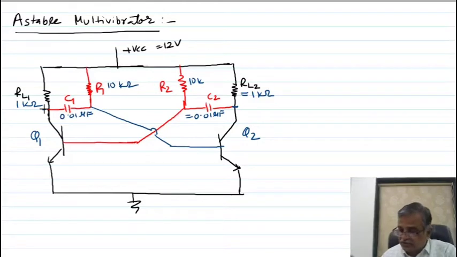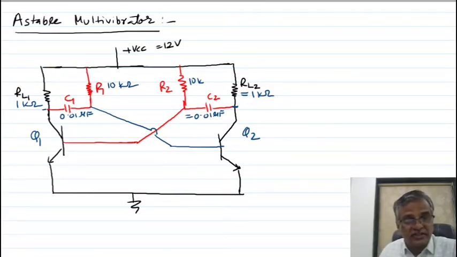Let us start the discussion on the astable multivibrator. This is a circuit diagram of a symmetrical astable multivibrator. You can see that the components in one half of the circuit are equal to its counterpart, or you can say the component values of one half of the circuit are equal to the other half of the circuit.